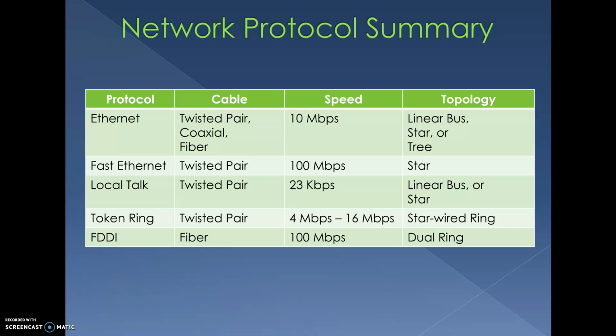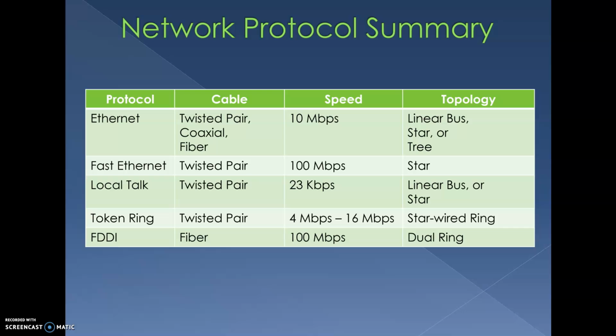Network protocol summary. Your Ethernet protocol is going to use twisted pair, coaxial, or fiber with 10 megabytes per second, and the topology is going to be linear bus, star, or tree. Your Fast Ethernet is going to use twisted pair with 100 megabytes per second, and it uses a star topology.